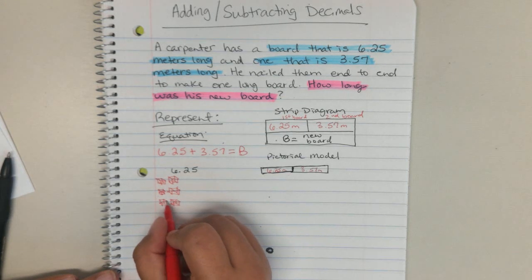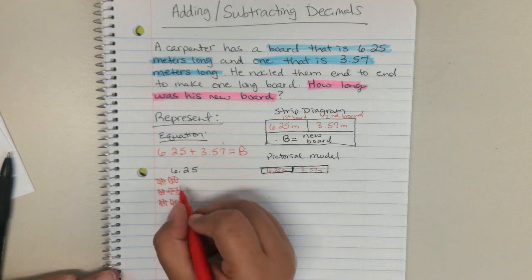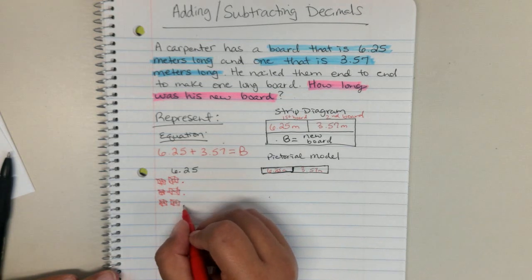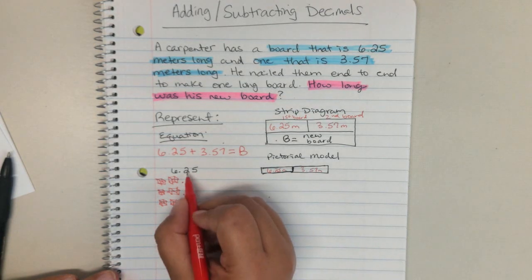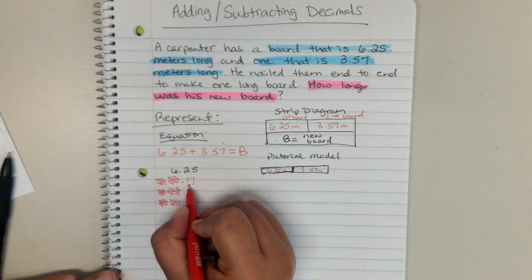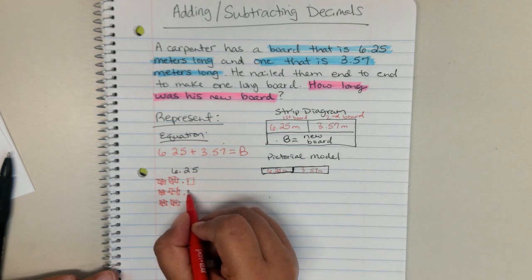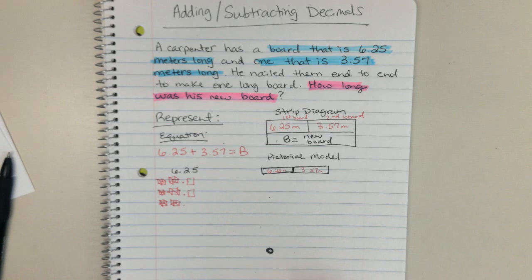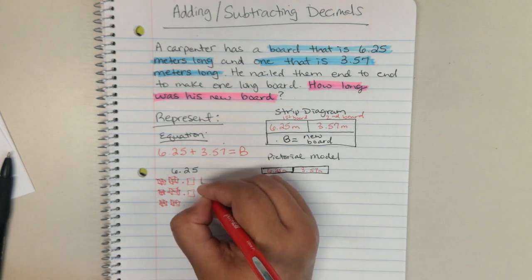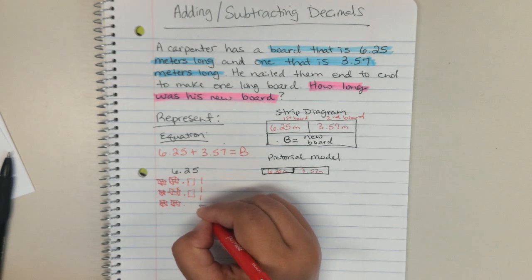And you choose what works best for you. What are you familiar with? I'm going to go ahead and add the decimal here. My tenths place are my flats. Oh, I need 2 of those. And then my hundredths place is my rods, and I need 5 of those.